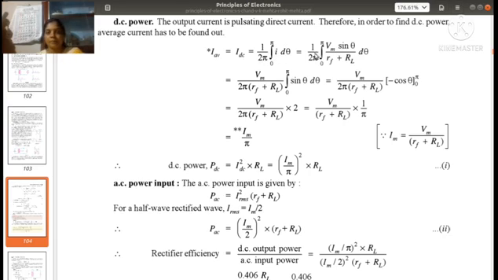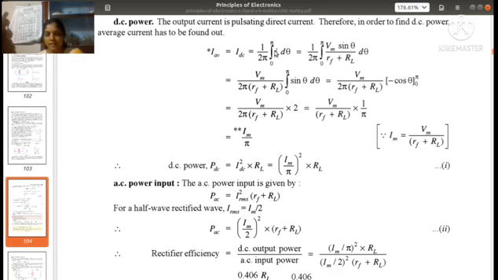So the average current is 1 by 2 pi integral 0 to pi of I d theta. For I, according to Ohm's law, I is equal to V by R, so I can be replaced by V by R. Here V is equal to Vm sin theta, and R is the total resistance of the circuit, that is RF plus RL.